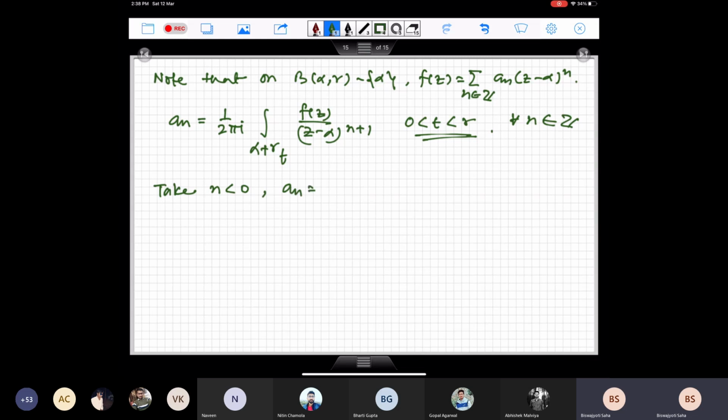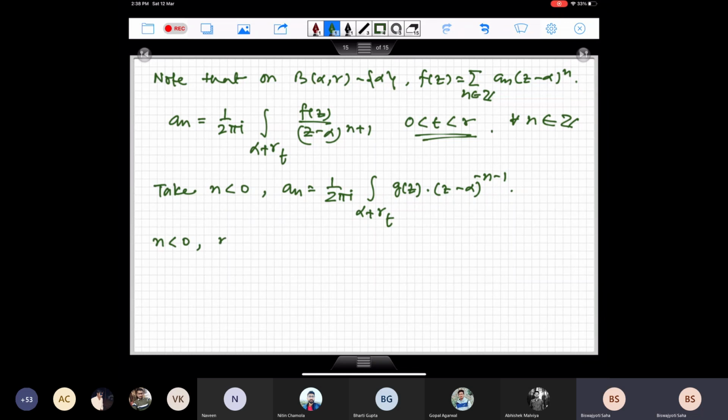Now what is an? An is 1 over 2 pi i integral over alpha plus gamma t of f of z divided by z minus alpha power n plus 1. On this circle, my f is the same as g. So I can write this as g of z into z minus alpha power minus n minus 1. Now note here n is negative.